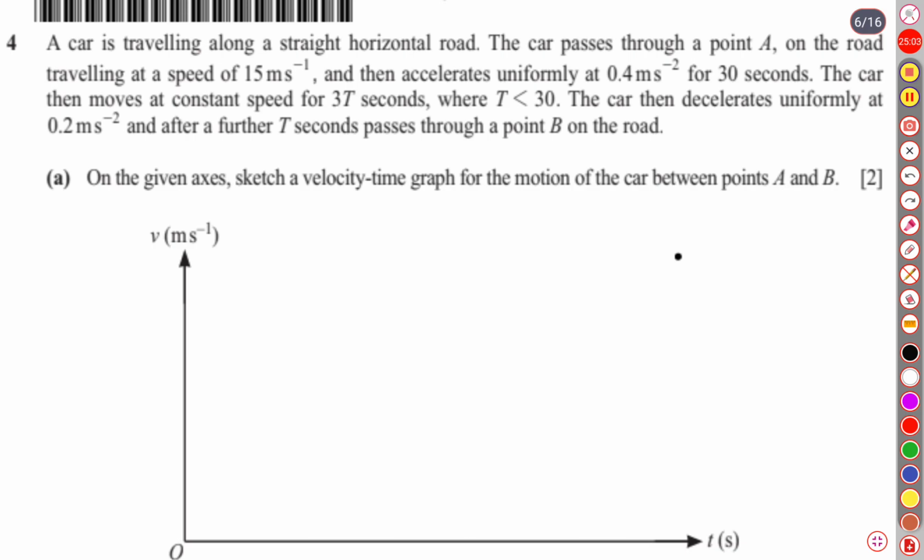So we are going to draw a velocity time graph. Our initial velocity when it passed through A was 15. Then it was moving at a constant acceleration, which is given, but we don't know how much the velocity is.